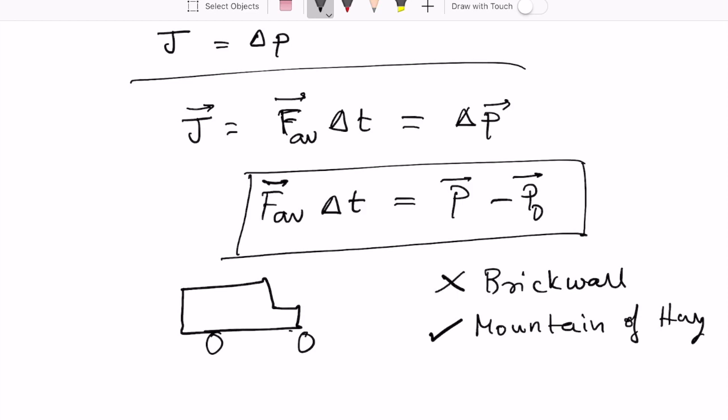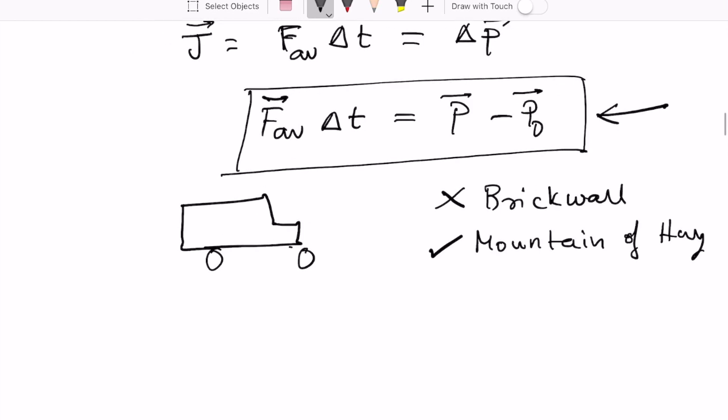Why is that? Why is it a good idea to collide with the mountain of hay? Let's try to understand this in terms of the equation that we just derived. Okay, the car has a certain momentum. It has a mass, it has a velocity, high velocity. So it has a certain momentum, right? Its initial momentum is mv. What is its final momentum when it comes to a stop?